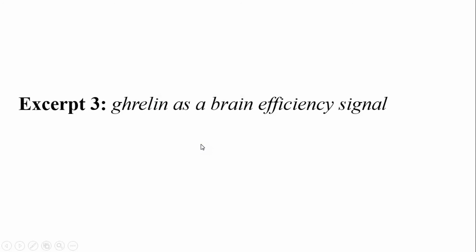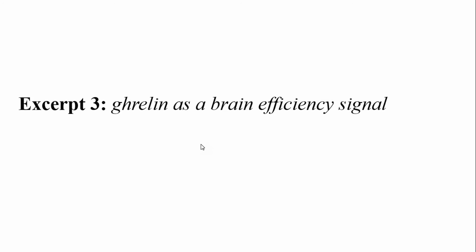Previously we said that ghrelin is a connector. It creates edges between three nodes, which were the stomach, the hypothalamus, and the pituitary gland. Then we said that ghrelin is a controller of fat utilization, and now we are saying that ghrelin is a brain efficiency signal.